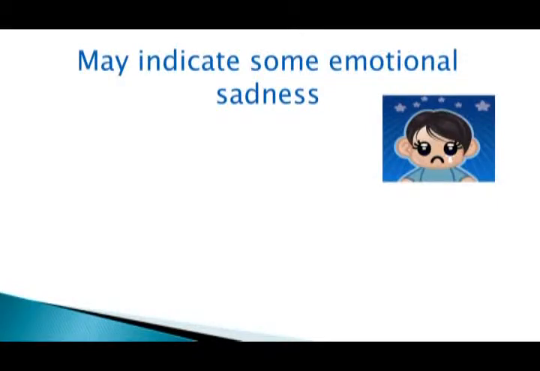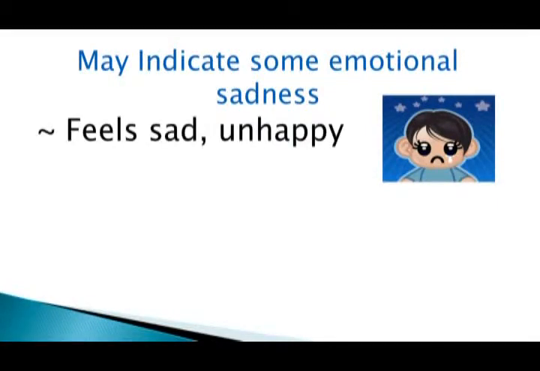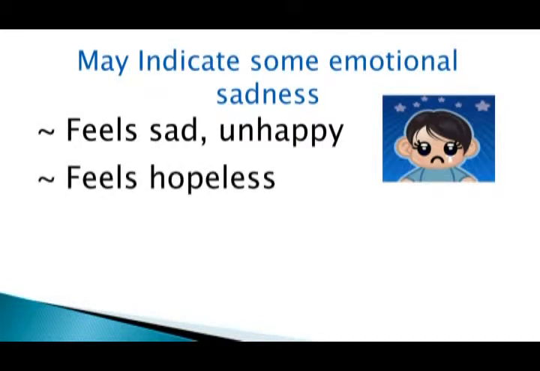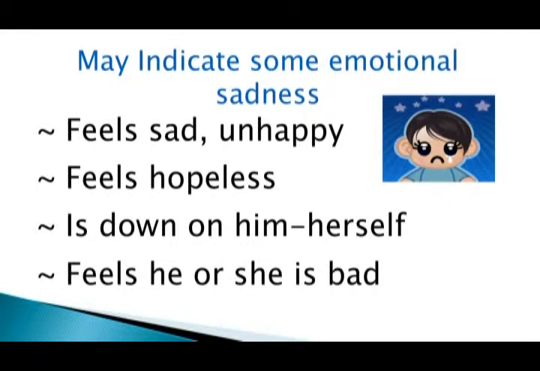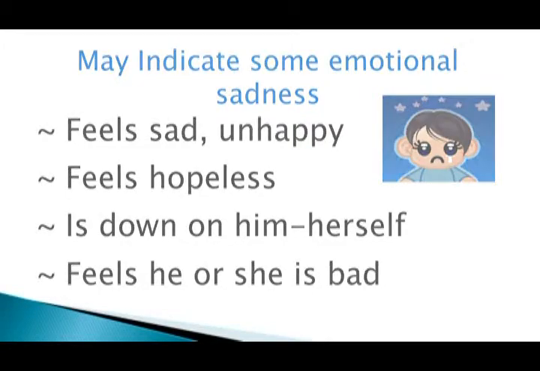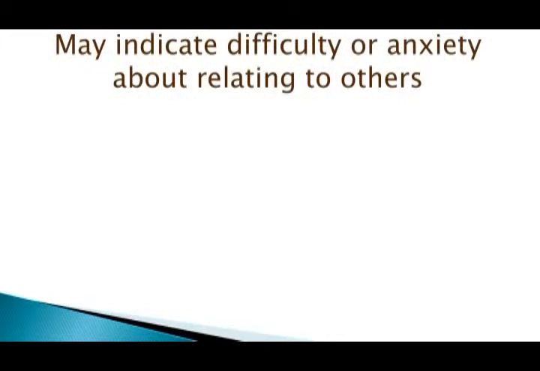Some of the other items in the child checklist, emotional indicators. Does the child seem sad a lot? Does the child say things that sound pretty hopeless, that they'll never be any good at anything or no one will ever like them? These are the kinds of things we want to pay attention to. Also, anxiety and difficulty relating to others.